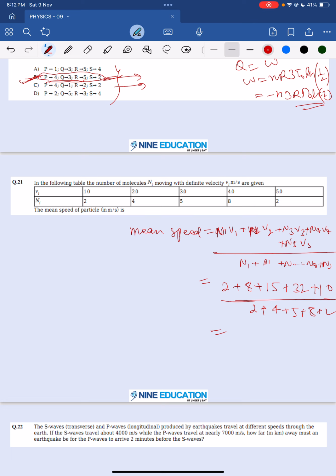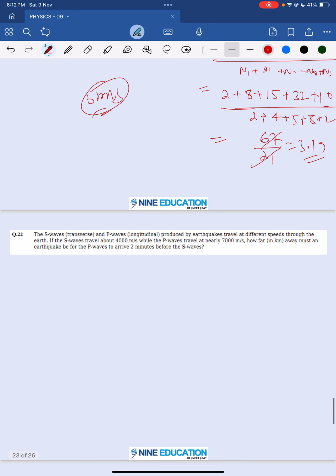So now we have 8 4s are 32 plus 5 2s are 10. So this becomes 32 plus 8 is 40, 40 plus 10 is 50, 52, 62 and 67 by 21, which is approximately 3.19. Since it is integer type, we can write 3.3 meter per second.